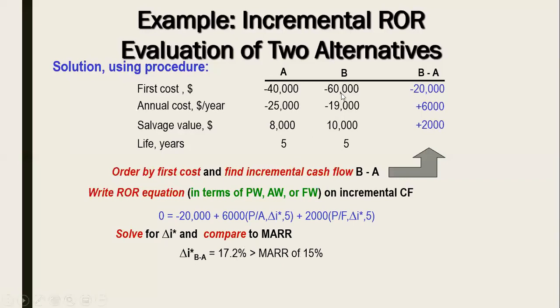It means that the higher investment in project B is justified on the basis of incremental rate of return. Clear? Because the incremental rate of return is 17.2%, which is higher than the MARR of 15%. So the rate of return on the $20,000 extra investment is acceptable, and we are going to select project B.